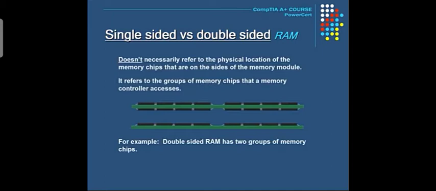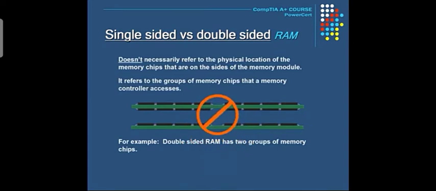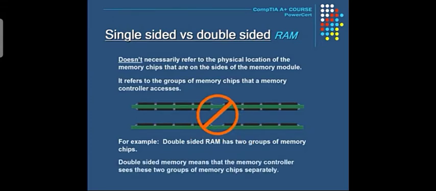Now this doesn't mean that the memory chips are physically located on both sides of the memory module. They can be on both sides, or they can be on just one side, but that's not what double-sided means. It means that the memory controller sees these 2 groups of memory chips separately, and it can only access them one group at a time.